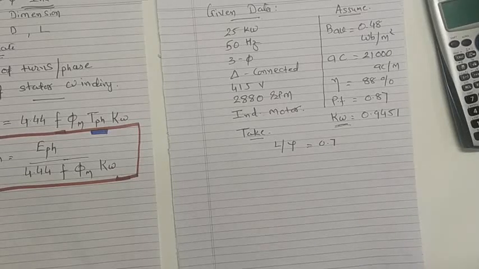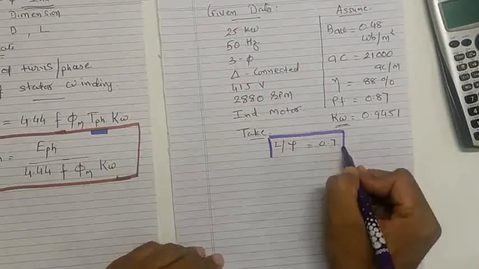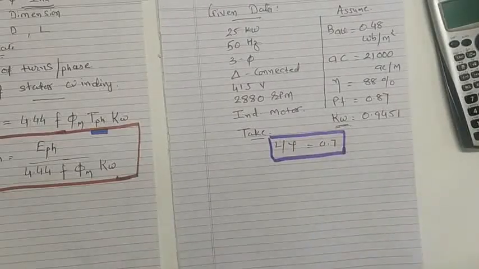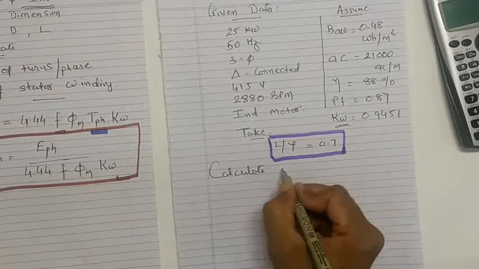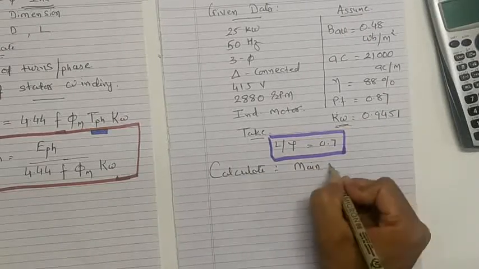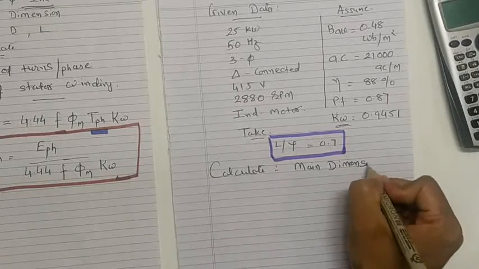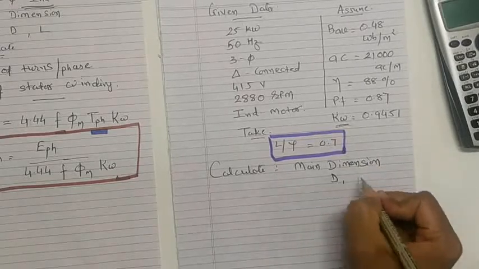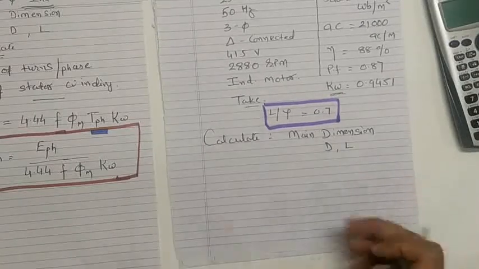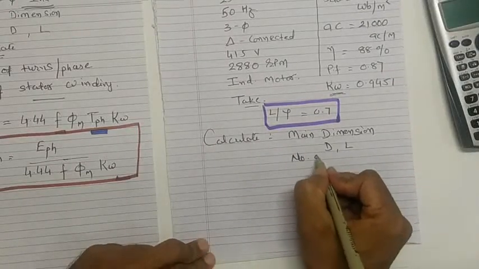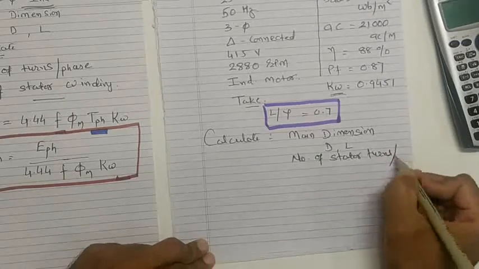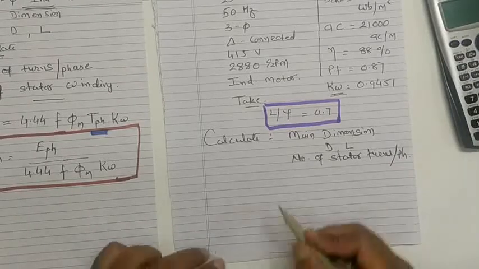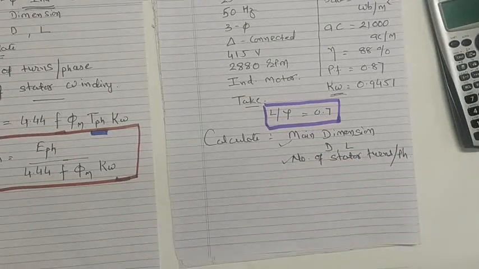We know that L by tau ratio is very important to separate D and L. So we need to calculate main dimension, that is D and L, as well as number of stator turns per phase. So these two quantities we need to calculate.